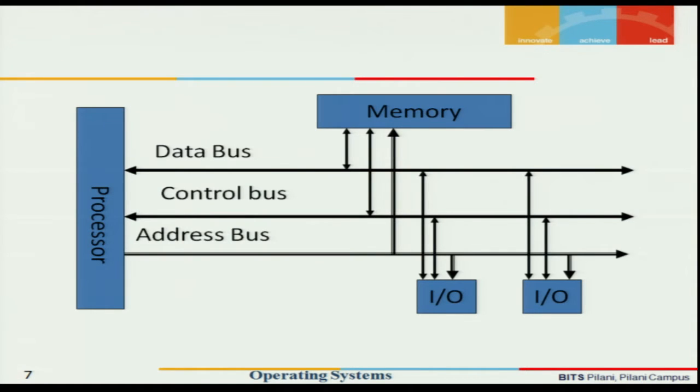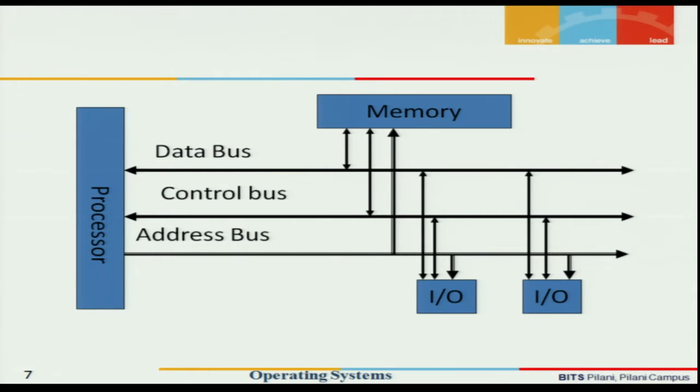The processor also has two additional sets of lines. One is known as the address bus, which is responsible for carrying the address of I/O devices or the address of the memory location. The control bus is responsible for specifying control signals to the various devices and memory, such as telling the memory whether the operation to be performed is a read operation or a write operation.